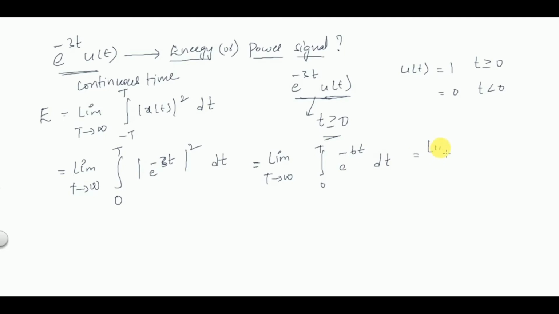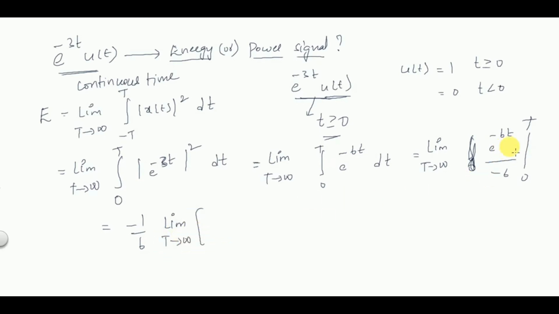Okay, so limit as T tends to infinity, integral 0 to T. If you take the integration, what will happen? E power minus 6t by minus 6, and limits are from 0 to T. Minus 1 by 6 is a constant, so you can write it outside: minus 1 by 6 into limit as T tends to infinity.